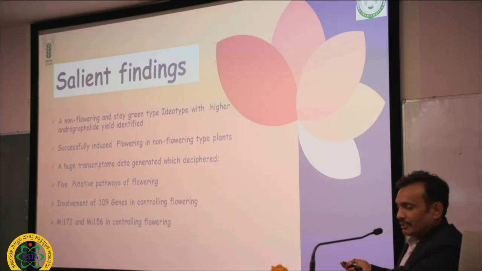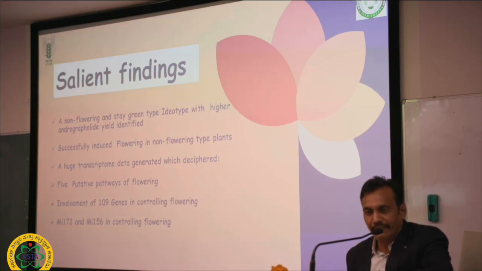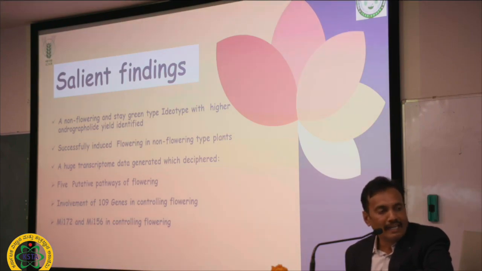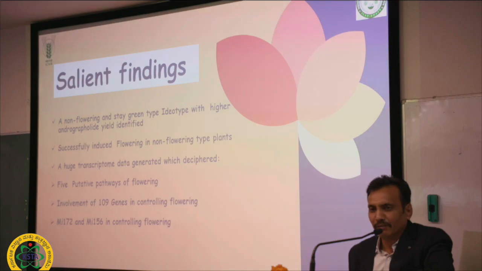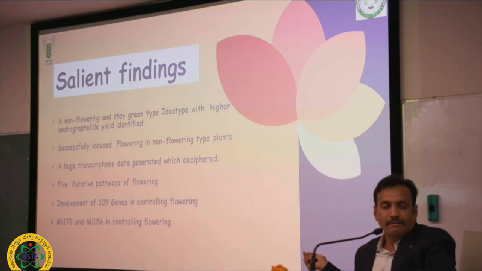We have reported 109 genes involved in controlling flowering, out of which FT and AP2 are the key players, and miR172 as well as miR156 are also playing a major role. 156 is playing a major role in masking the FT gene, which primarily seems to be the reason behind this non-flowering type behavior in this particular ideotype. Thank you.